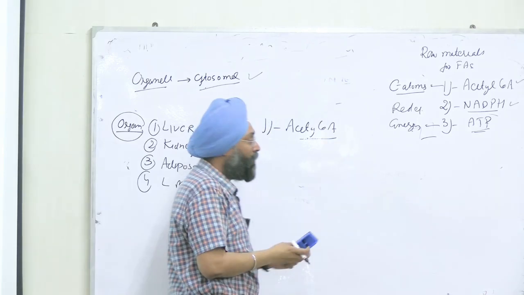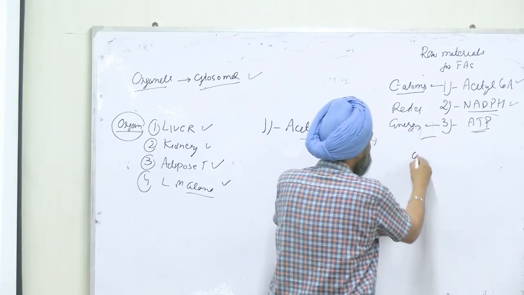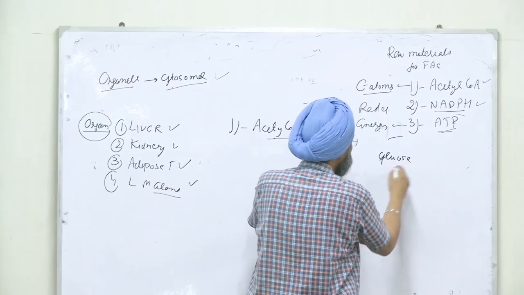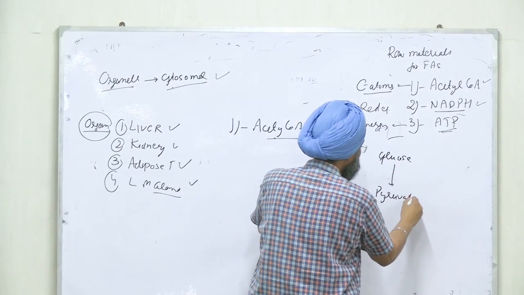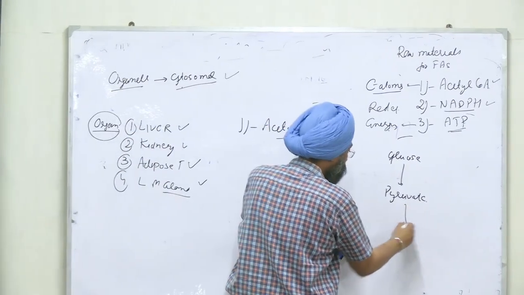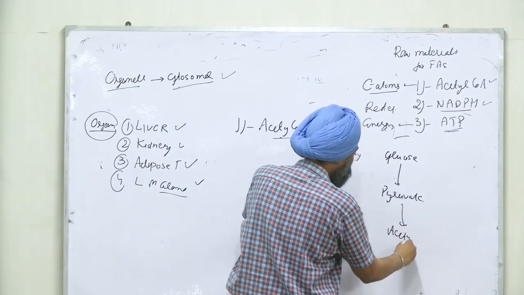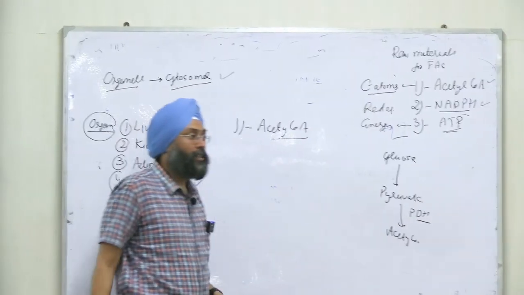Hope you remember we did glycolysis in the first classes, right? We started from glucose. What will form? Pyruvate, right? And this pyruvate was converted to acetyl CoA via pyruvate dehydrogenase complex.